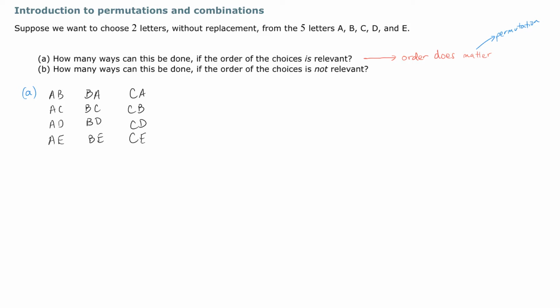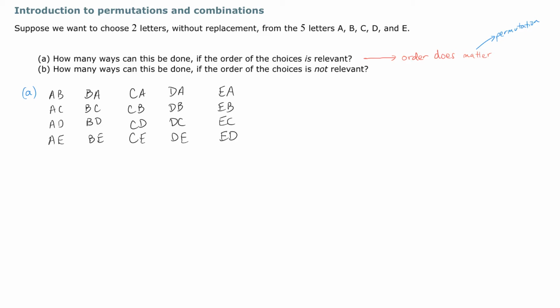How about D? DA, DB, DC, DE. And then lastly, we're going to start an ordering with E: EA, EB, EC, ED.